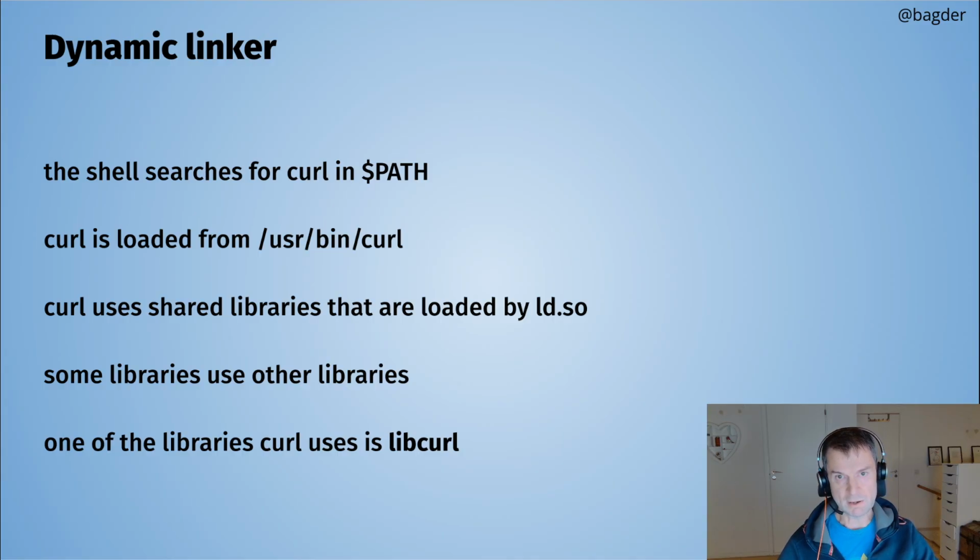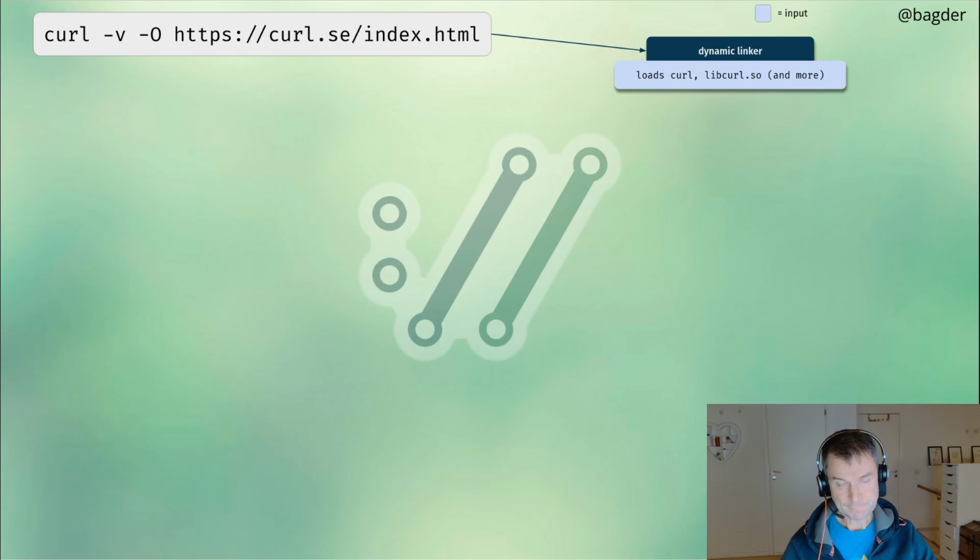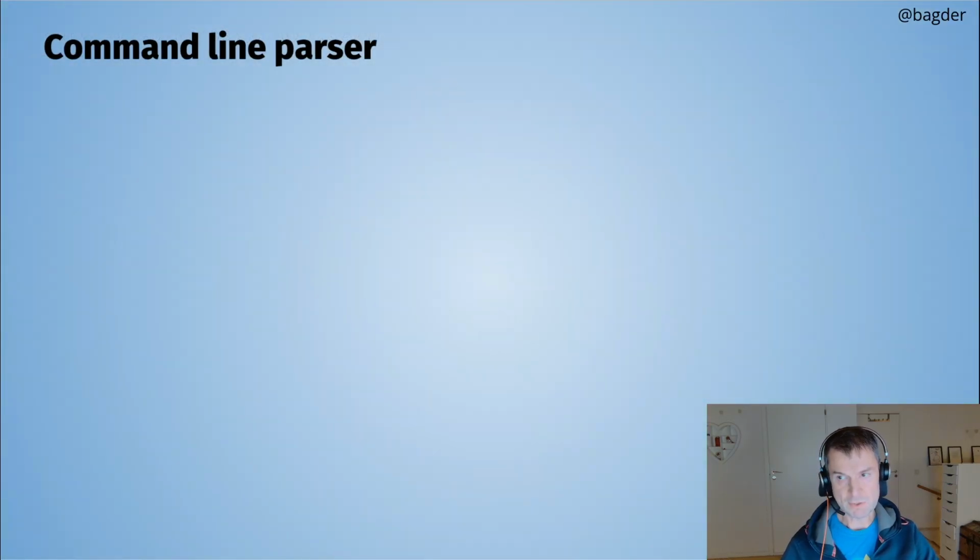So the dynamic linker will then start the curl tool and load all the libraries, including libcurl. That's the first step. The dynamic linker will load those too, and it will start the curl command line main function, pretty much.